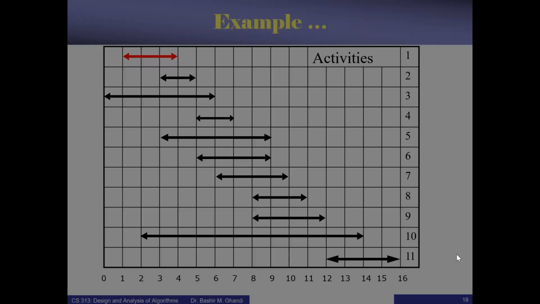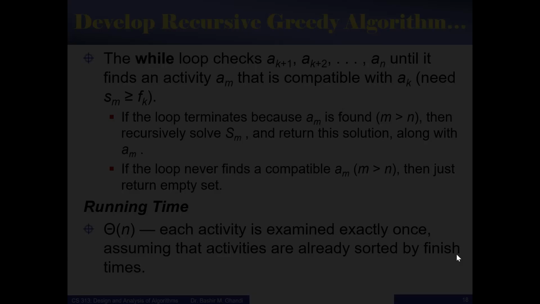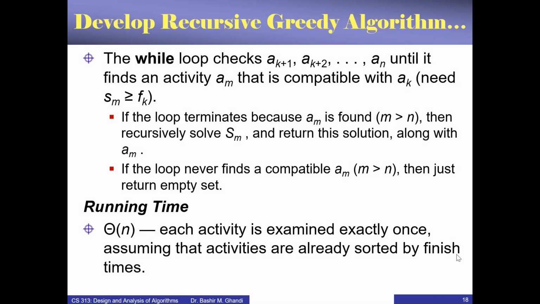If the activities were not sorted, then of course you have to sort them using some kind of priority queue. So in that case, the running time may go up to theta of n log n, especially if you are using a min heap.